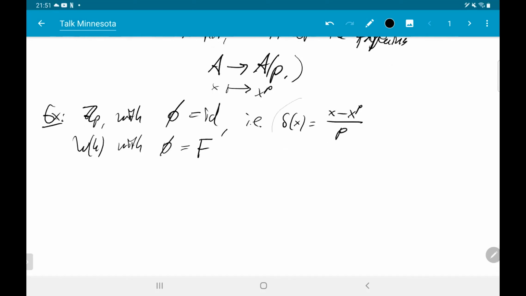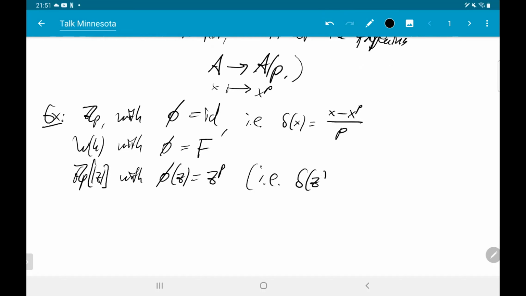Similarly, you can work back what delta is: it's again Frobenius of x minus x to the p, divided by p. And then finally, this is going to be important for us: you can put a delta ring structure on a power series algebra where we just ask for the Frobenius lift to take z to z to the p. And it's equivalent to asking that delta just kills z.